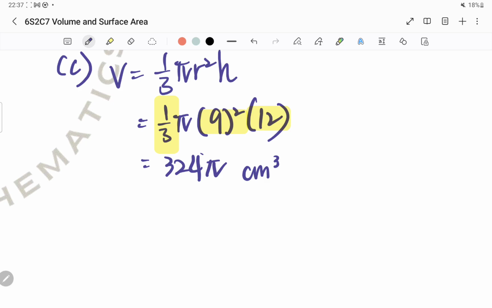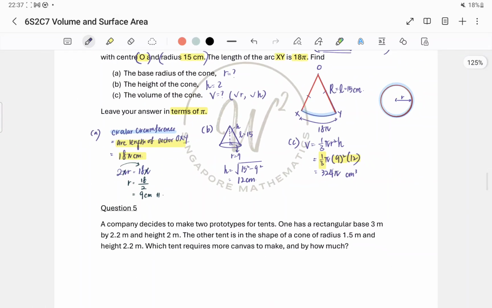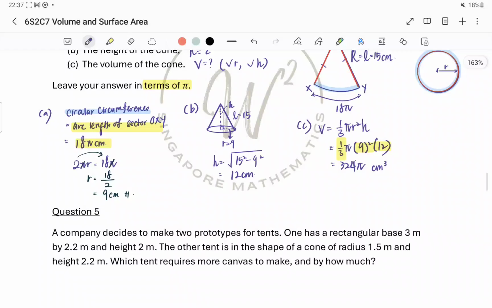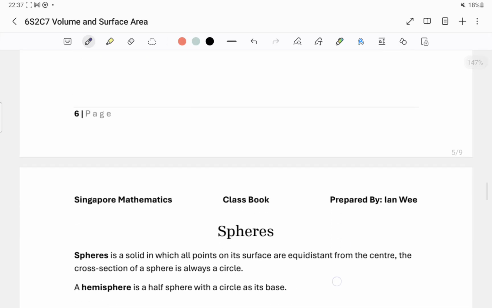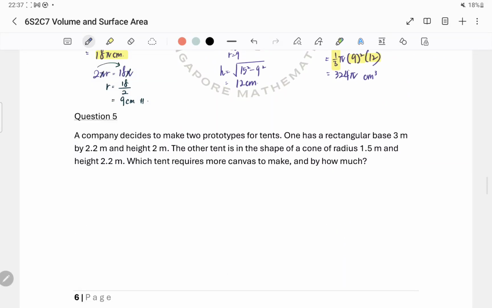Depending on which calculator you use, you sometimes might get decimal place, but if I'm not mistaken, your calculator should give you the exact answer first, which is 324 pi. They won't give you the decimal place first. So this is one of the questions. Question 5, I want you to treat it as homework. You can do it and then we will discuss it during our next class.